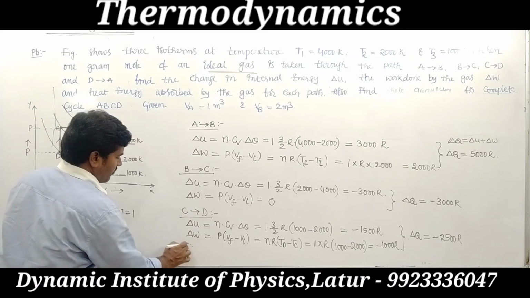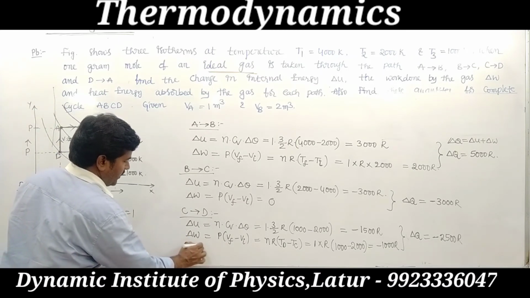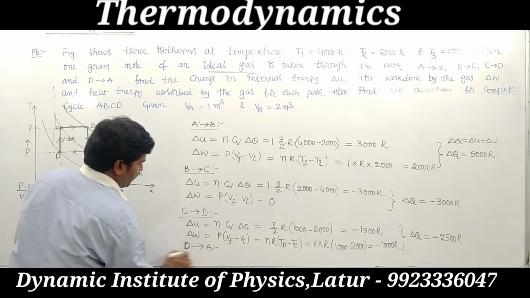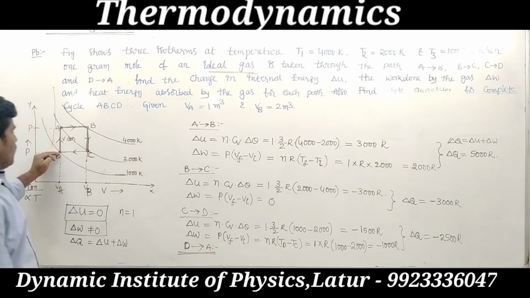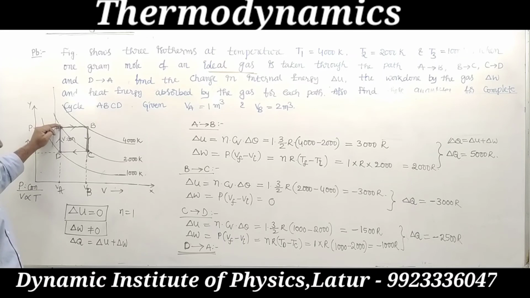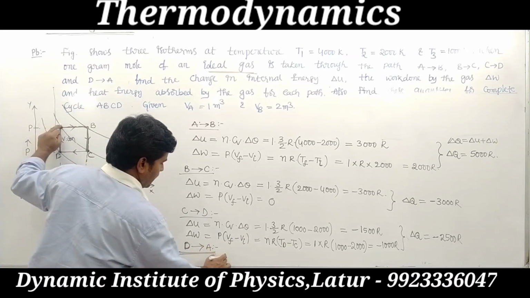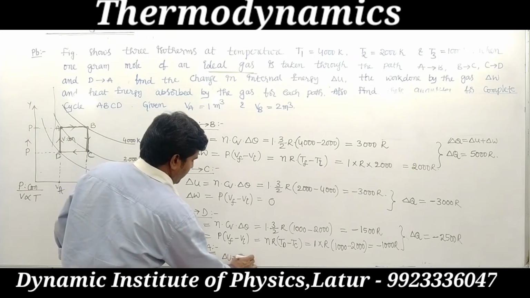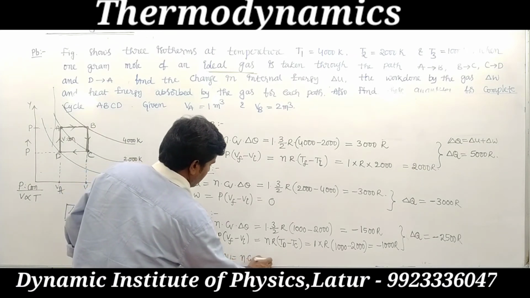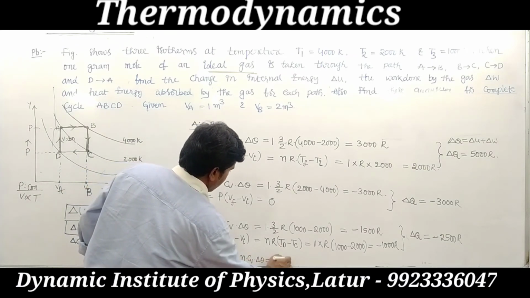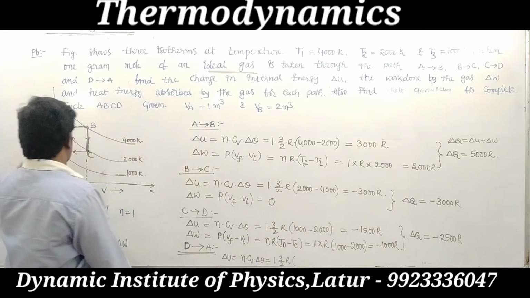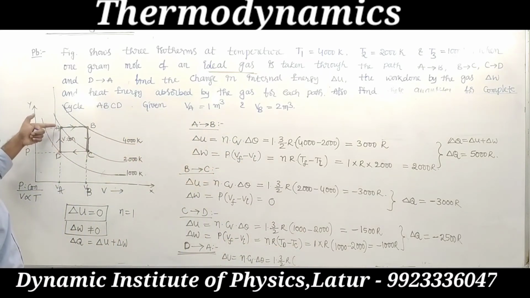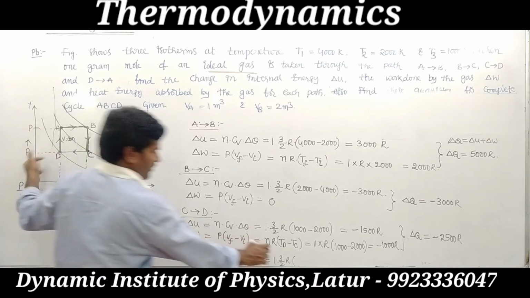Again the last process is D to A. For D to A, the internal energy delta U is nothing but n Cv delta theta. Its value becomes 1 into 3 by 2 R into, final position A, initial position D, 2000 minus 1000.